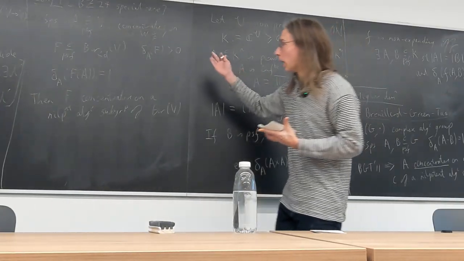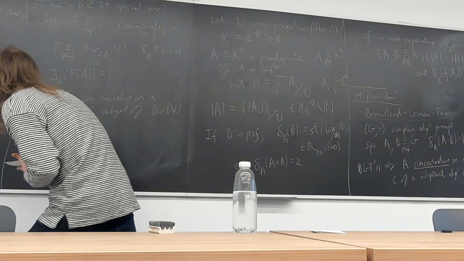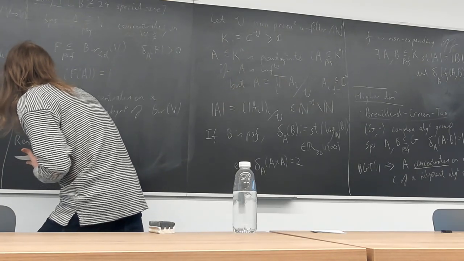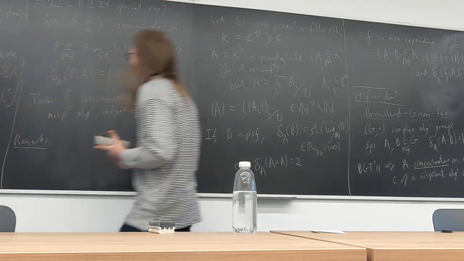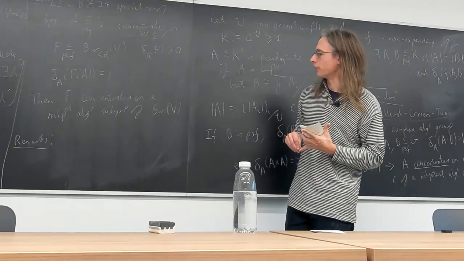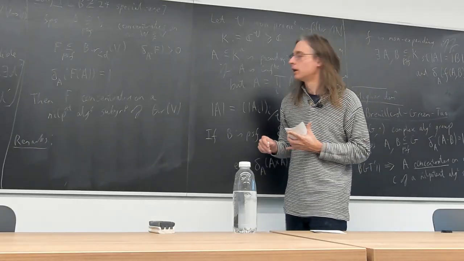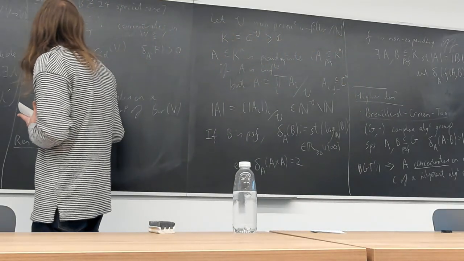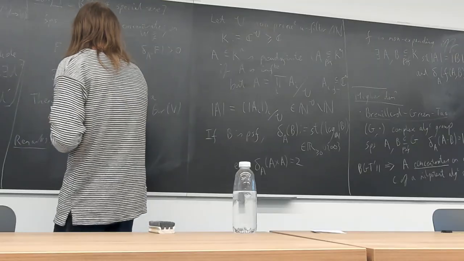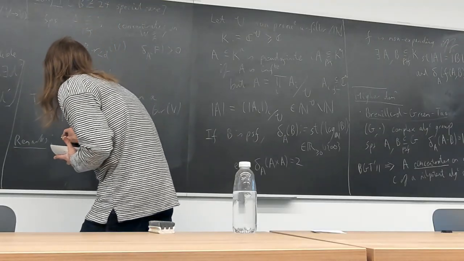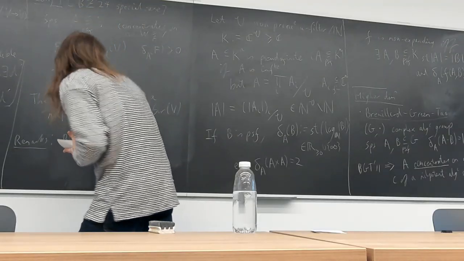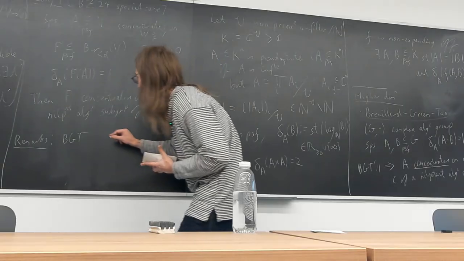Okay, so this is a conjecture. Let me make a couple of remarks to make it more plausible this is the right statement. So firstly, we can delete this nilpotent by this result eventually.